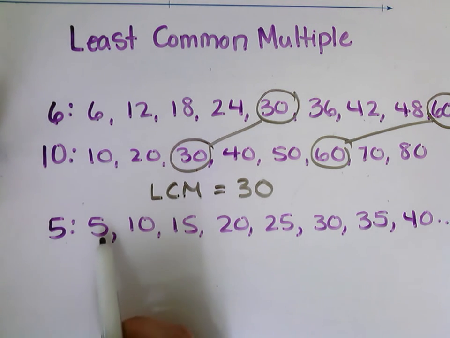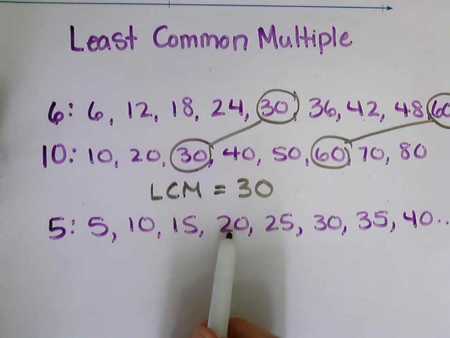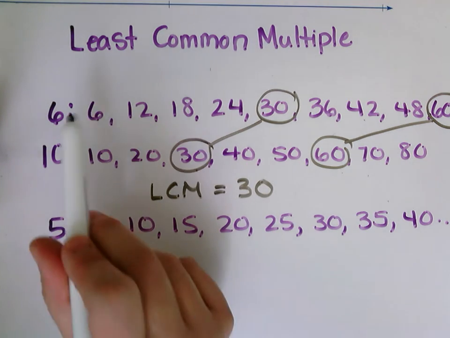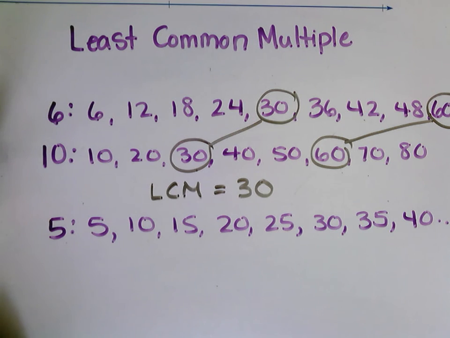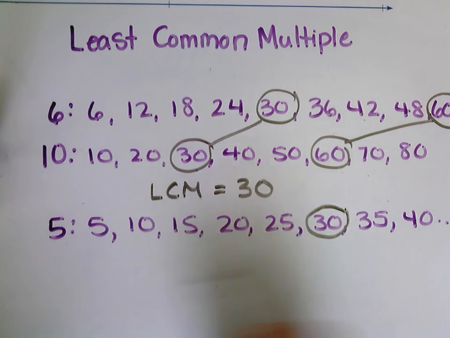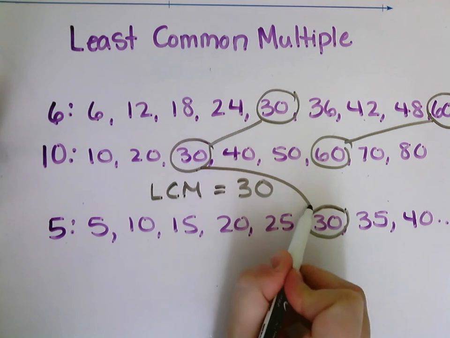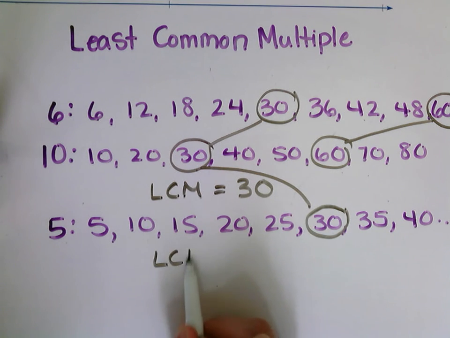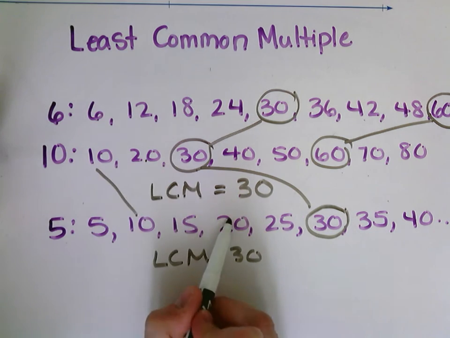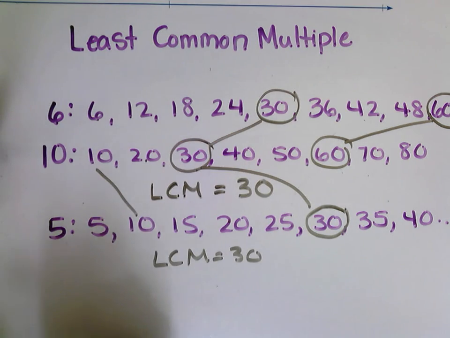You can see that 5 and 10 have a lot of common multiples, but 6, 5, and 10 only have 30 as well. So the least common multiple of all of these is 30, even though 10 and 5 share 10 and 20, 6 does not share those numbers, so we can only use the 30 here for those 3.